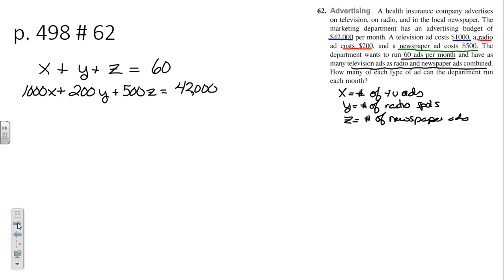Okay, so our second equation. And our third equation says that we want to have as many TV ads as radio and newspaper combined. So we want TV to be equal to radio plus newspaper, right? So if we bring everybody to one side, X minus Y minus Z will be equal to 0.